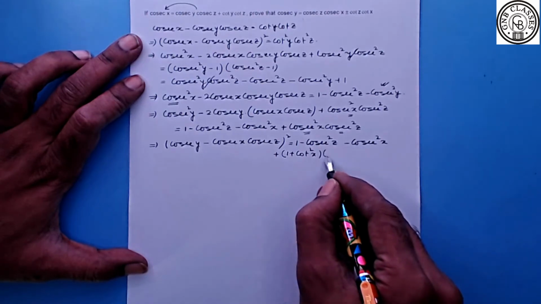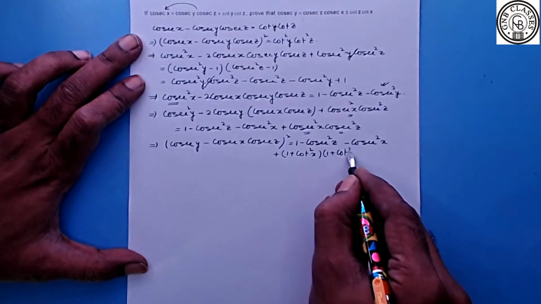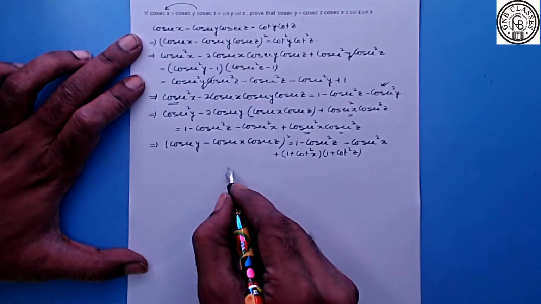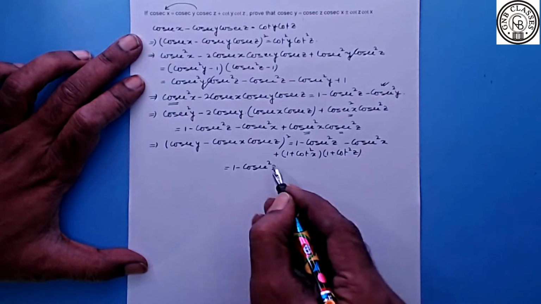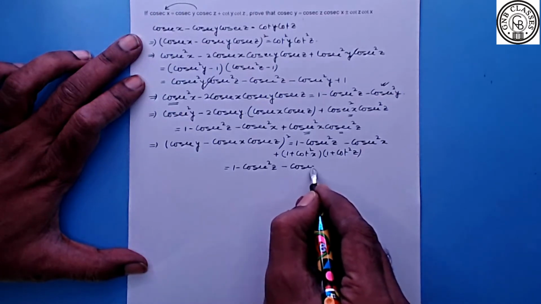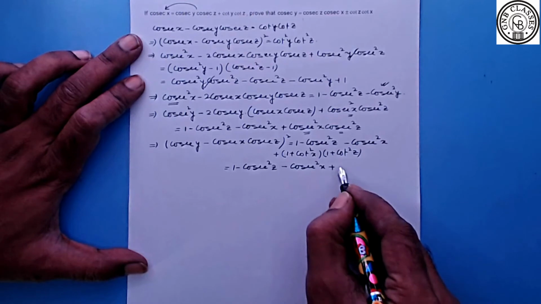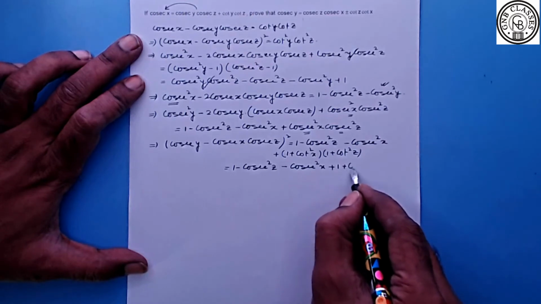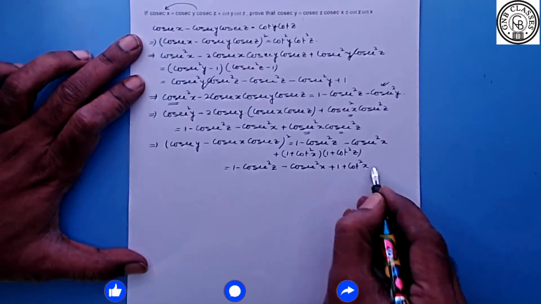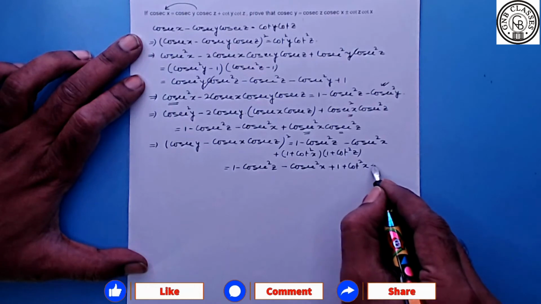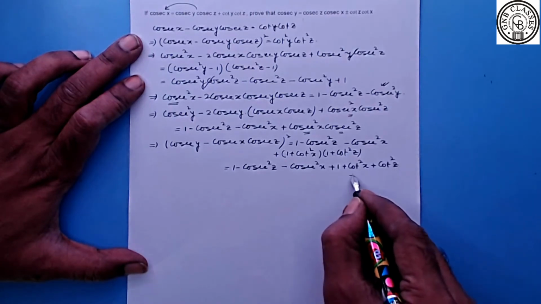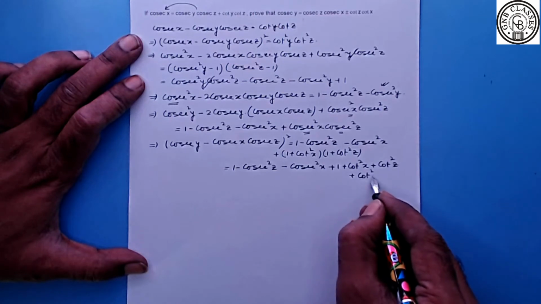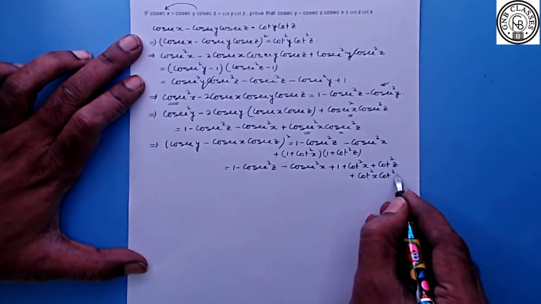Cosec square z will be written as 1 plus cot square z. Let me multiply. So we are having 1 plus cot square x plus cot square z plus cot square x, cot square z.